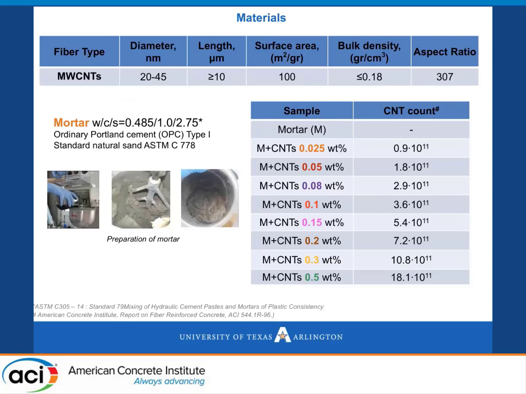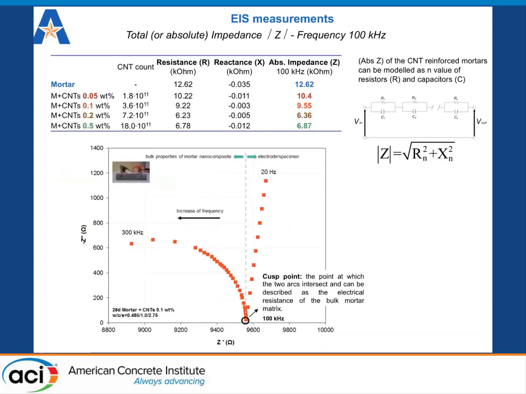And we will show you the impedance profiles, that is the real and imaginary part of impedance, and the capacitance of all proportions of mortars, ranging from 0.025 to 0.5.